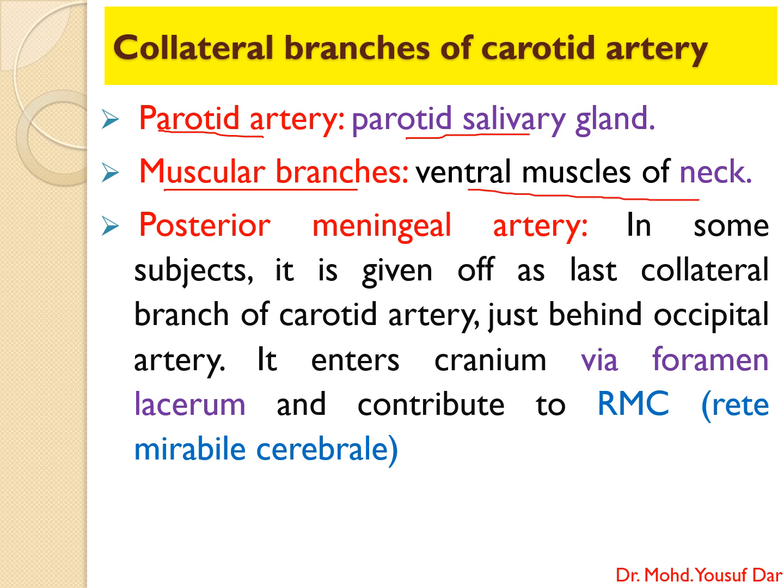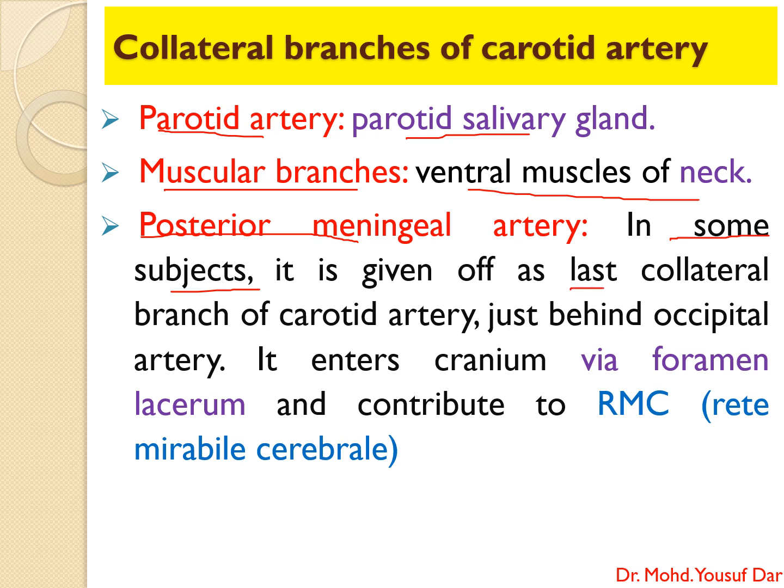Now the next collateral branch is the posterior meningeal artery. Normally the posterior meningeal artery is a collateral branch of the occipital artery, but in some subjects it is given off from the common carotid artery.